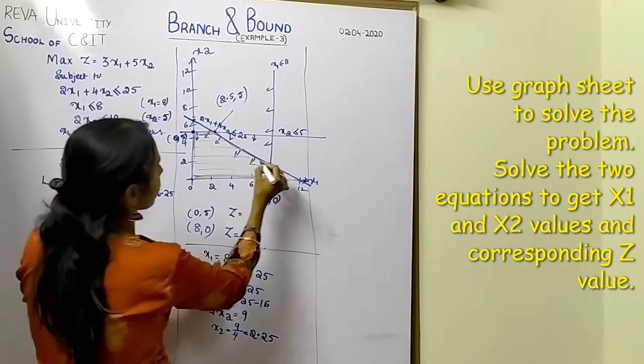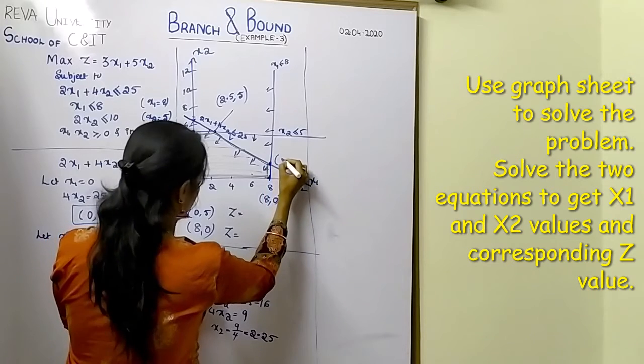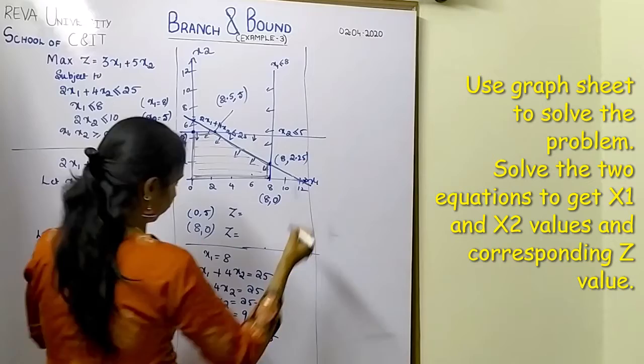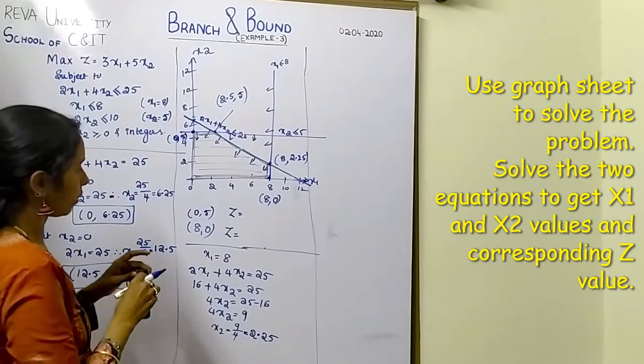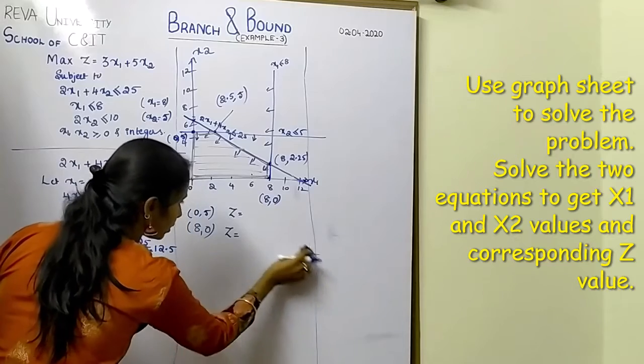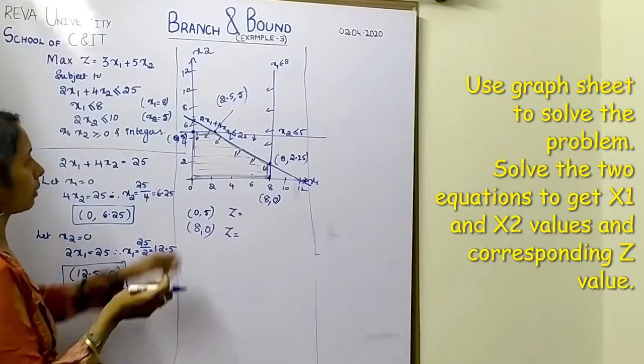So the one more point here is 8, 2.25. Now find out all the z values, which give us the maximum optimal solution.